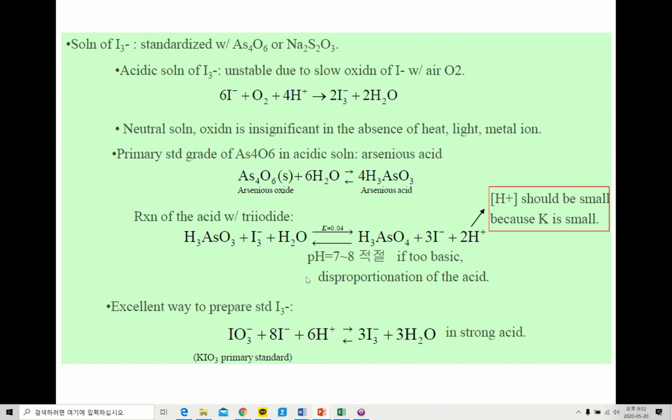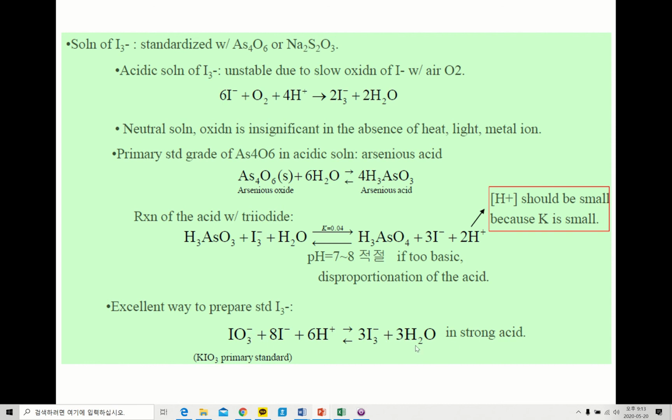But there is another way to quantitatively produce this triiodide solution. You take this iodate, potassium iodate. You can have a primary standard grade of this compound, and you add iodide in strongly acidic condition, and then you produce this one.